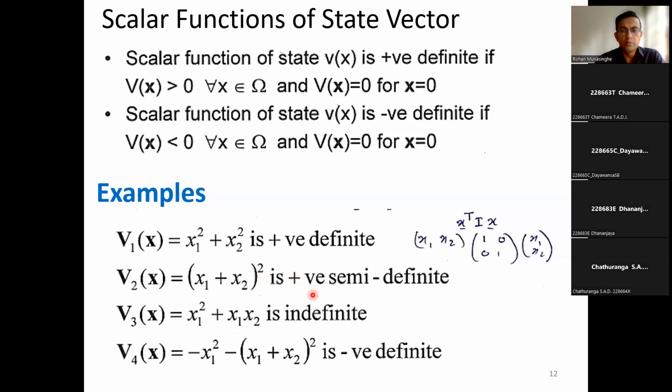Therefore we call it positive semi-definite. It will never go negative, but there are so many zeros also.